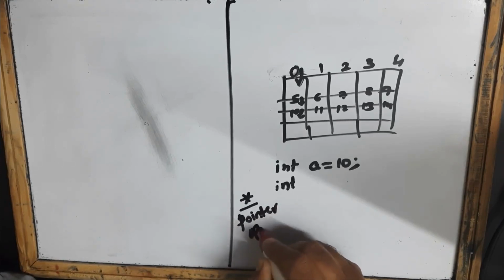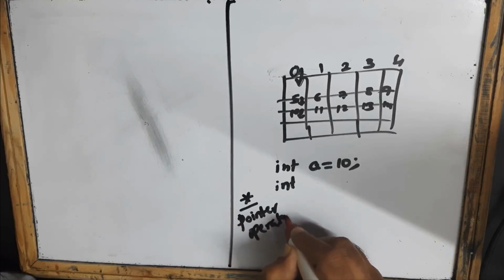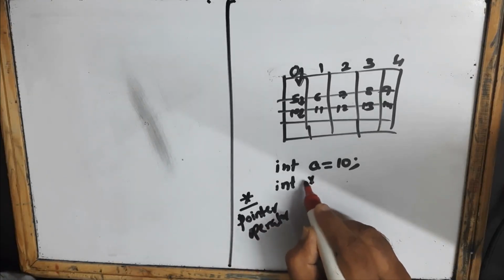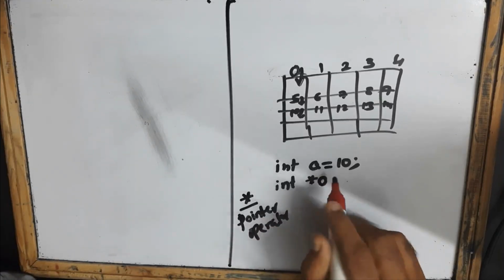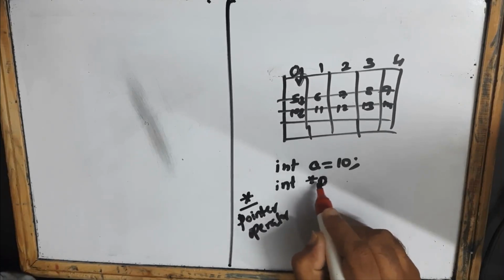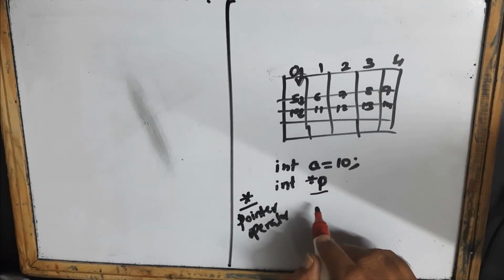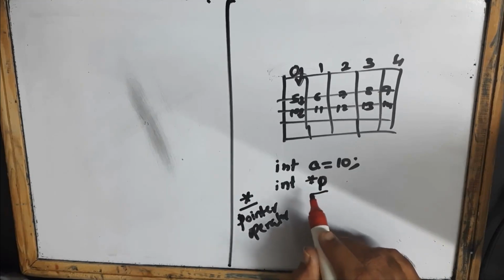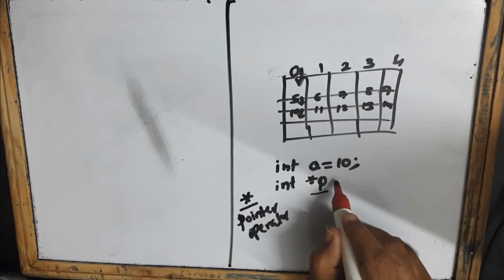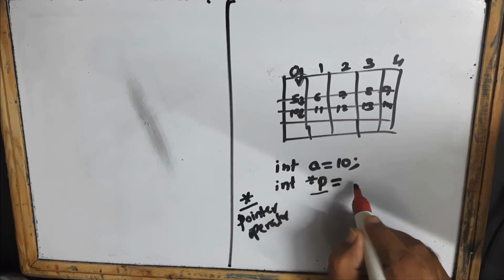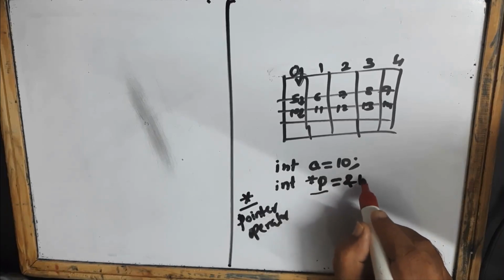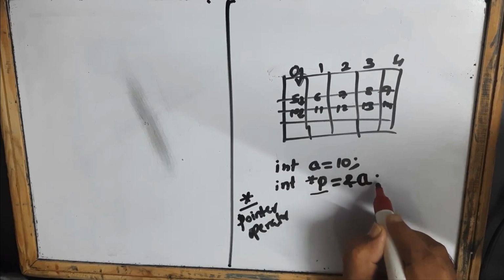Star P means pointer. You can use any name; here, just for reference, I use P. Star P is equal to ampersand A.